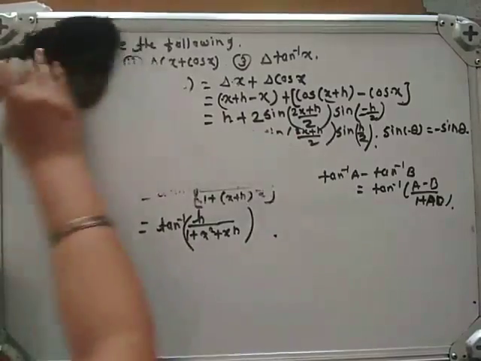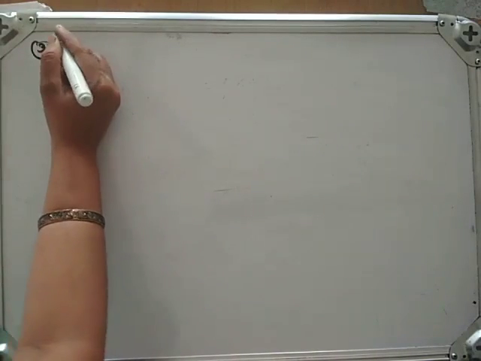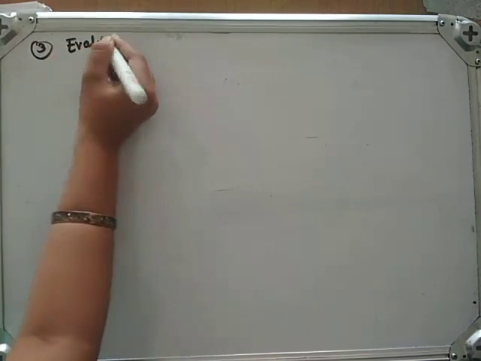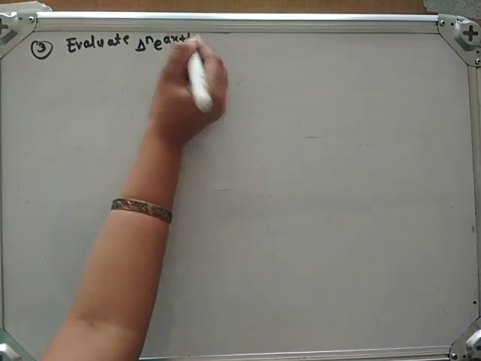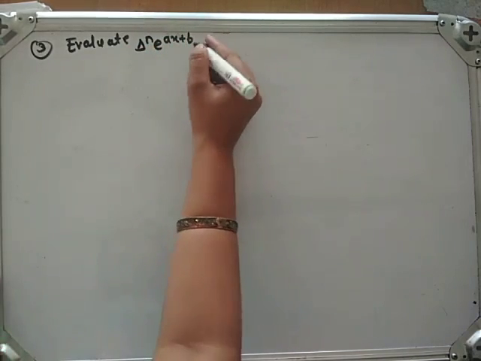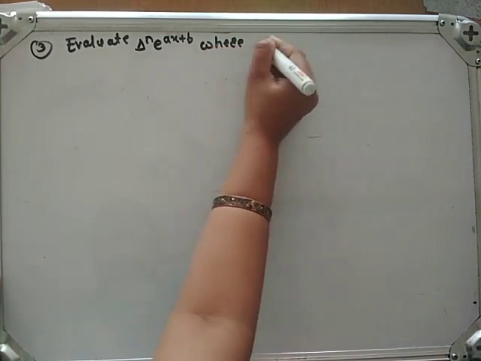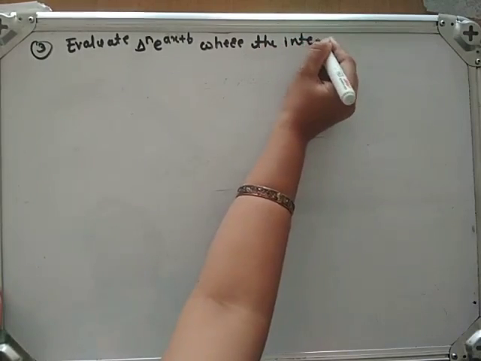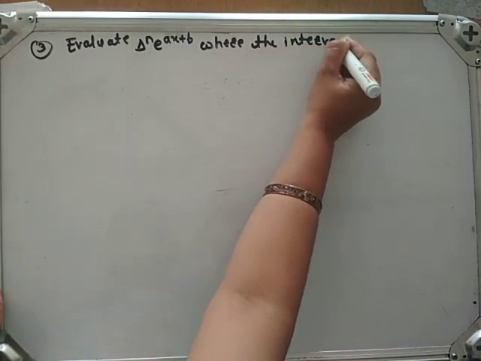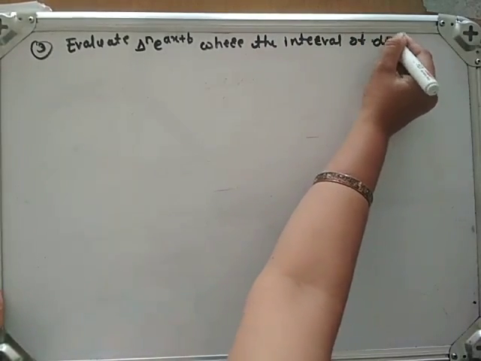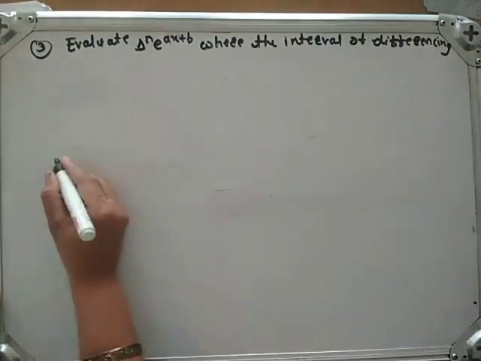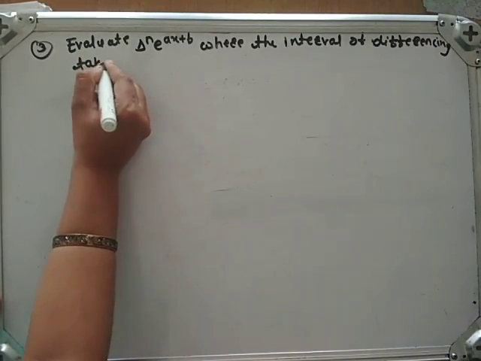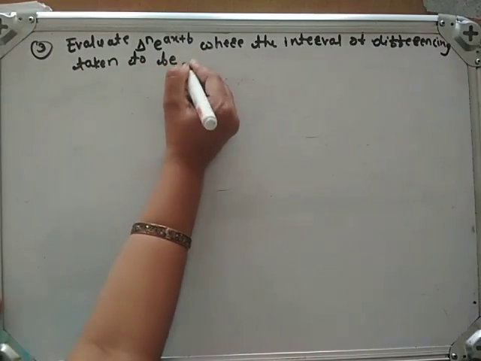Let us take the third example. Evaluate delta raised to n of e raised to ax plus b, where the interval of differentiating is taken to be unity.